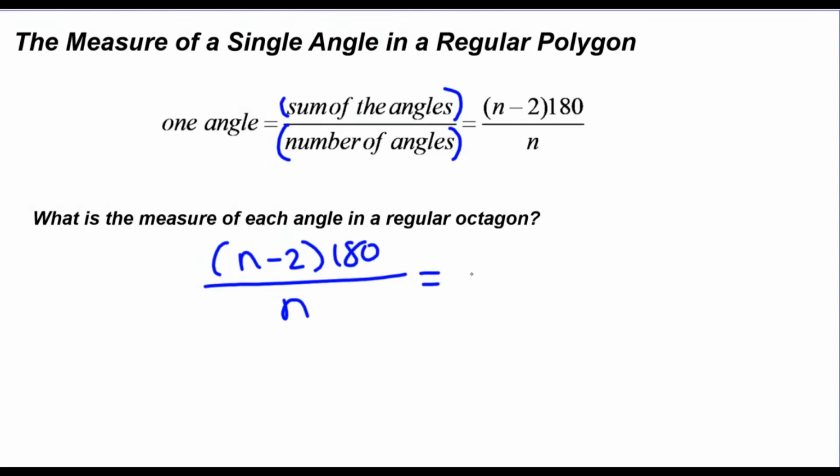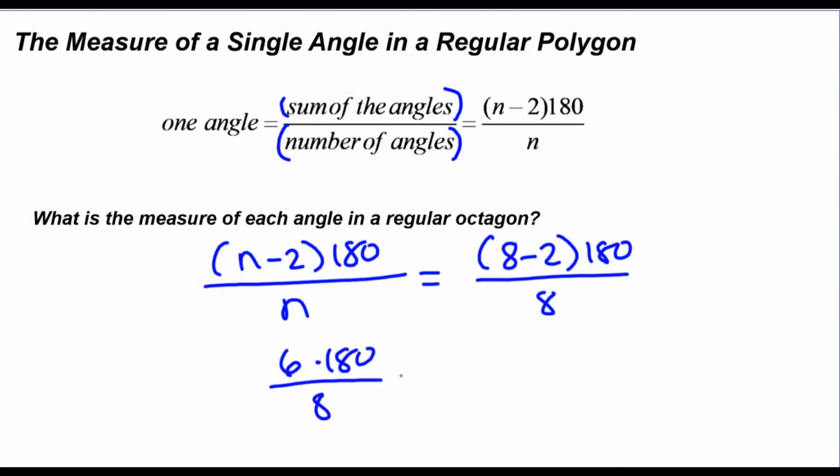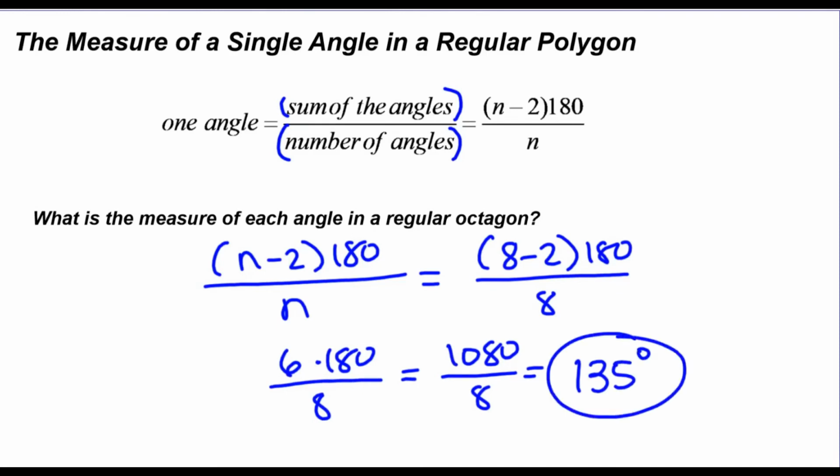And in this case, n is 8. 8 minus 2 times 180 divided by 8. That gives me 6 times 180 divided by 8. And 6 times 180 is 1080 divided by 8 is 135 degrees. So every angle in a regular pentagon, or sorry, octagon, is going to be 135 degrees.